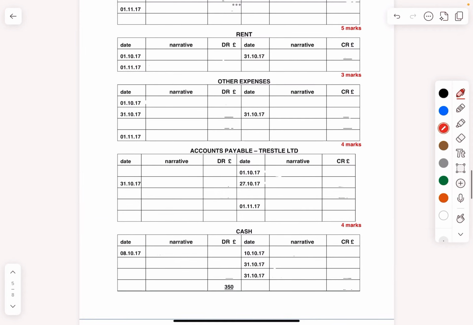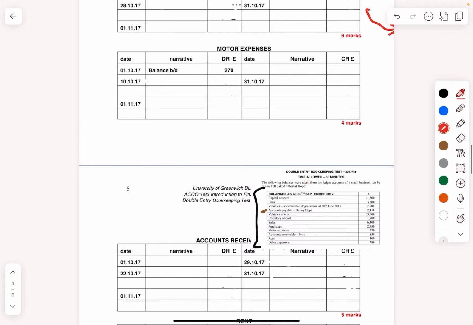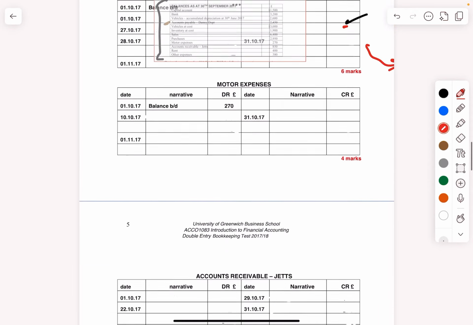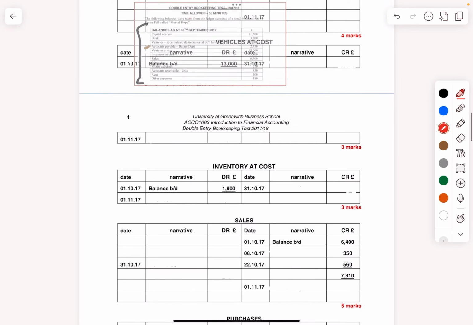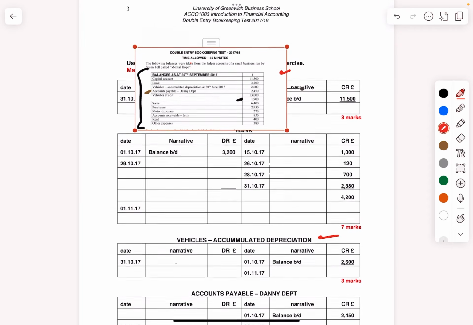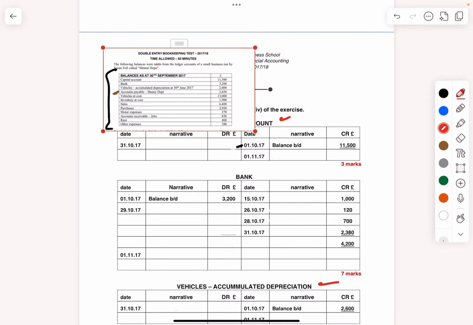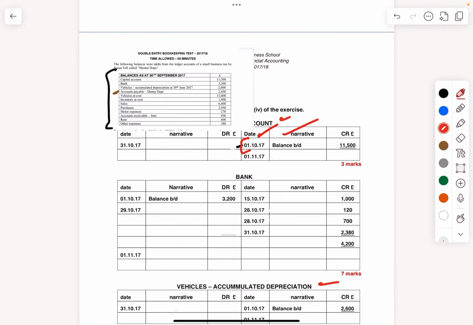Okay, let's look at this one. If you can see the capital one, balance brought down, that will be on the first of the month. I added the month, the balance brought down, and the amount.